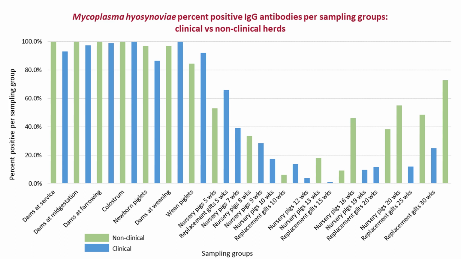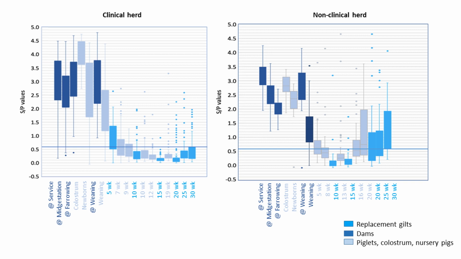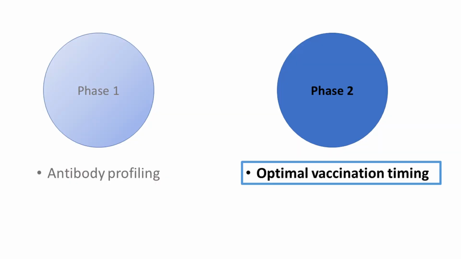And all of these are just side-by-side within that same sampling group and same sampling time. And the only difference that we see here is, again, in that non-clinical herd, those IgG antibodies really increasing per sampling group. And this is just one more illustration showing those specific sample to positive values, again, within the clinical herd here on the left, and then the non-clinical herd here on the right.